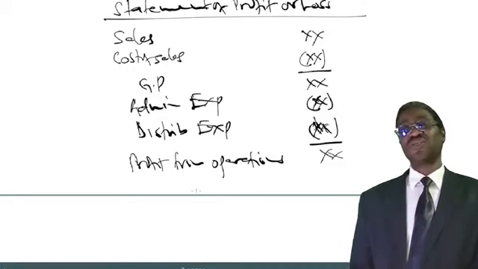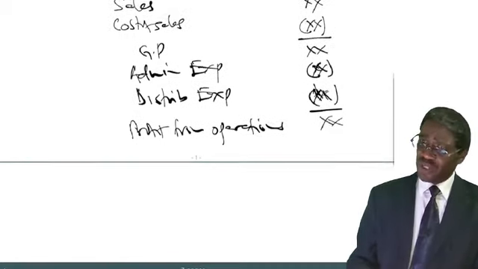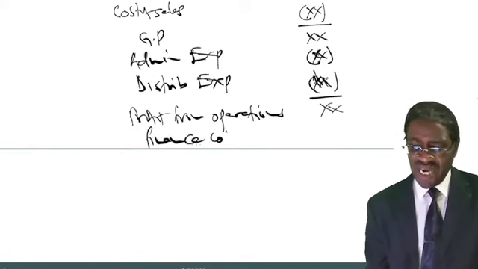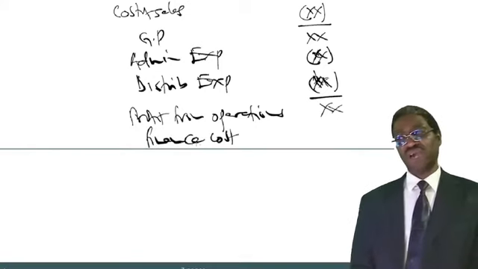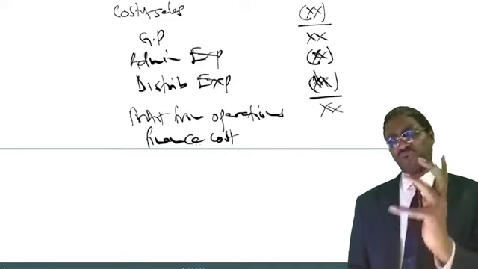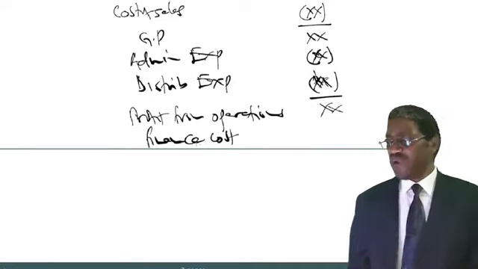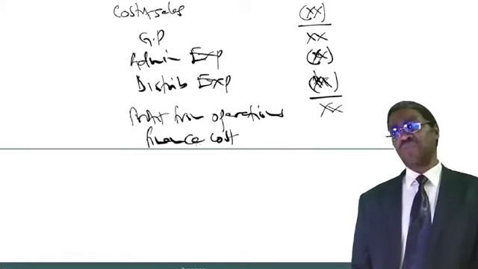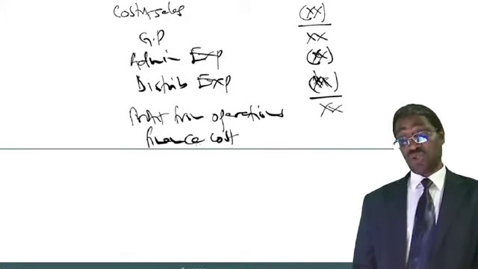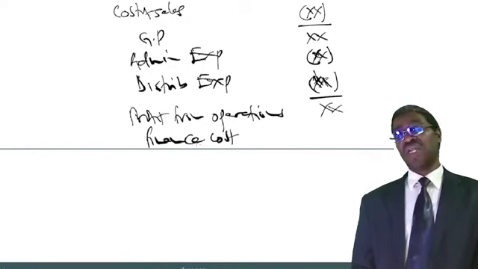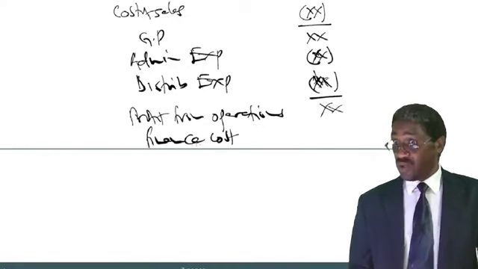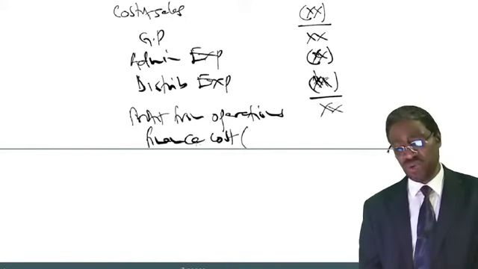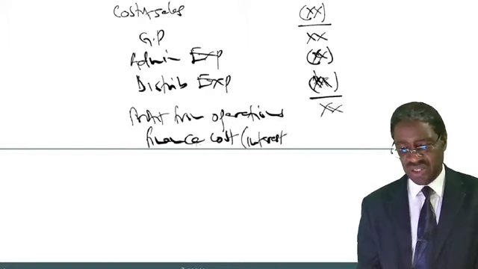Okay, good. Once you get that profit from operations, we normally come and minus what we call finance cost. Of course, I want to believe that by now, all of you should be able to give me an example of a finance cost. It's obvious. One example of a finance cost is what we call interest.